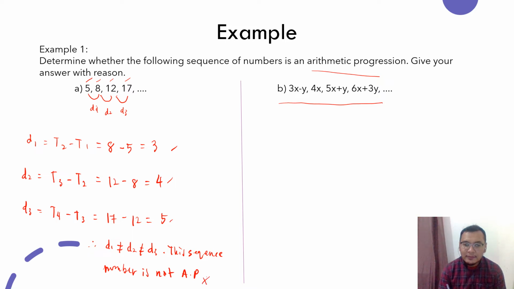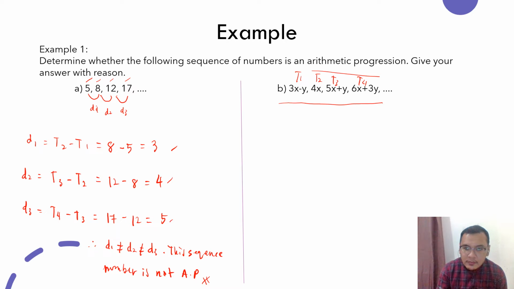Okay, settled. For B, we have 3x minus y, 4x, 5x plus y, and 6x plus 3y. So we have T1, T2, T3, and T4.